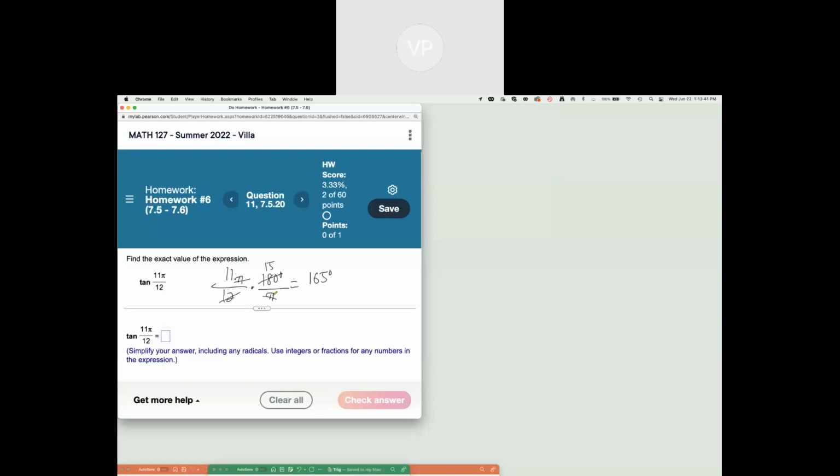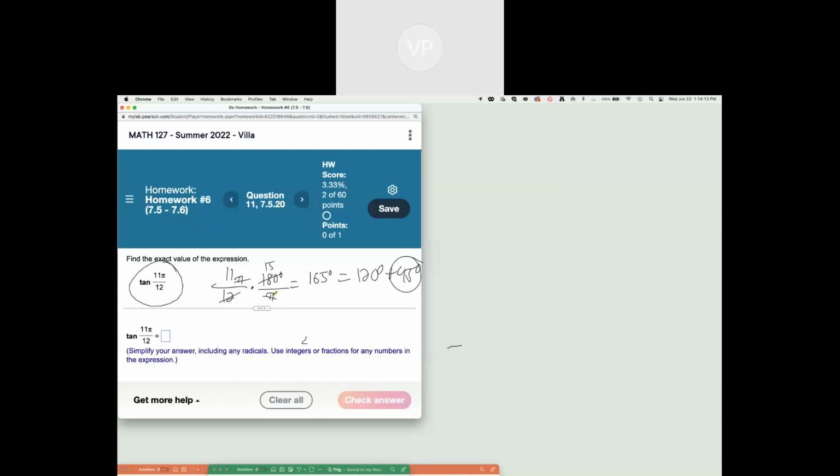I do that because to me, it's easier to find two angles that add or subtract into 165 versus trying to guess what adds and subtracts to be 11 pi over 12. So how about I make this 120 degrees plus 45 degrees? That'll work.